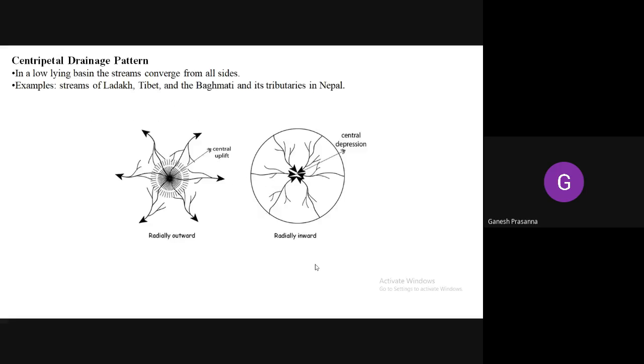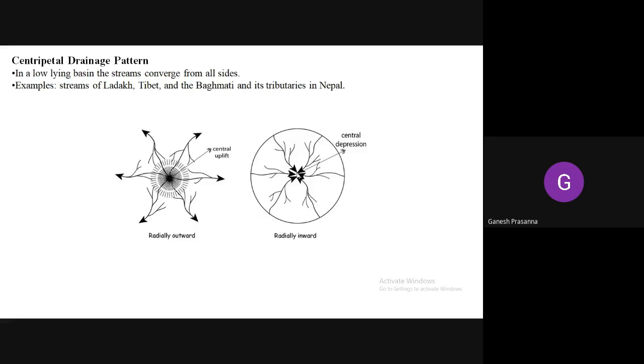Coming to the centripetal drainage pattern, these are the ones that originate from a single point radially outward, or may flow radially inward into a central depression. So it can be found in two ways.